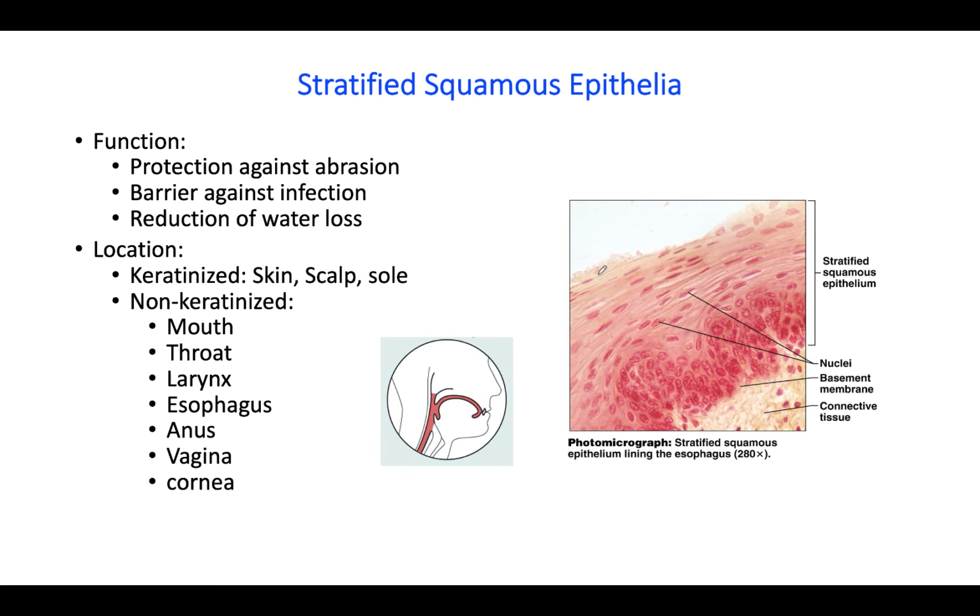You can see here several layers of cells, and each cell shows a flat, thin shape. So these are squamous epithelia, and there are several layers, therefore stratified squamous epithelium. The nucleus is flat, okay, and here is connective tissue and epithelial tissue. On the border, there is a basement membrane.